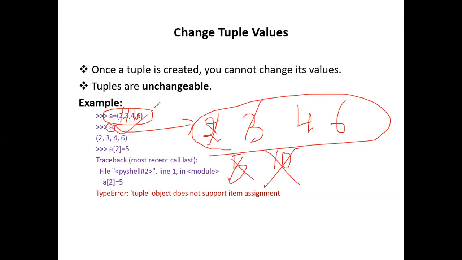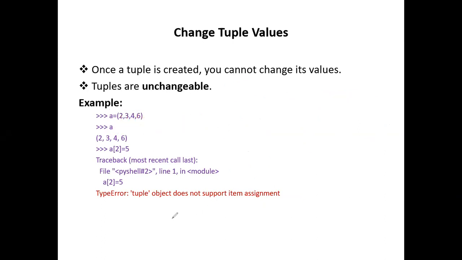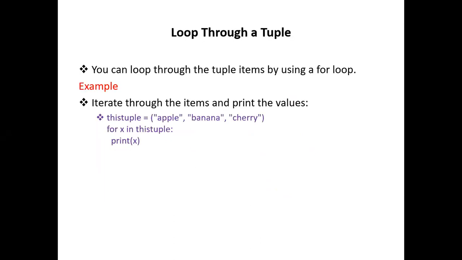Always tuple A contains 2, 3, 4, 6. So before creating, you have to think. Any clarification? Yes, sir. Thank you. Clear? Shall I go to the next slide? Clear, sir. Thank you.